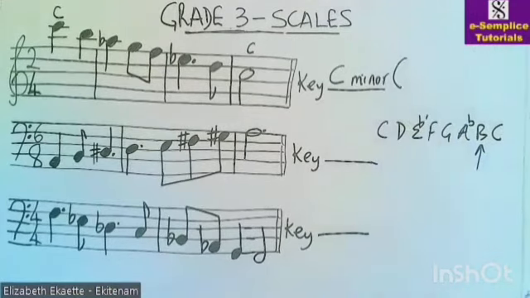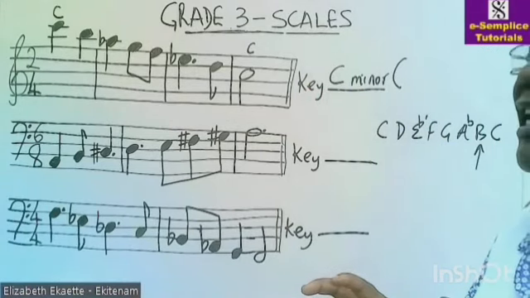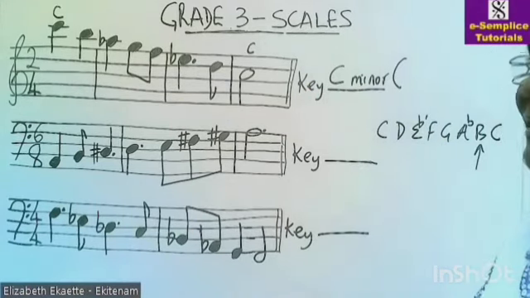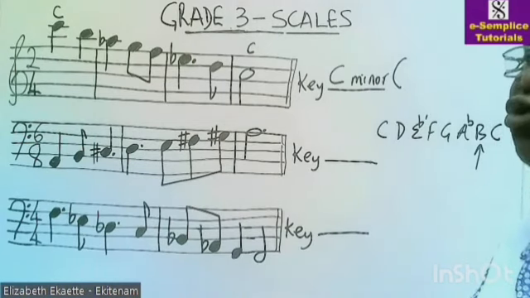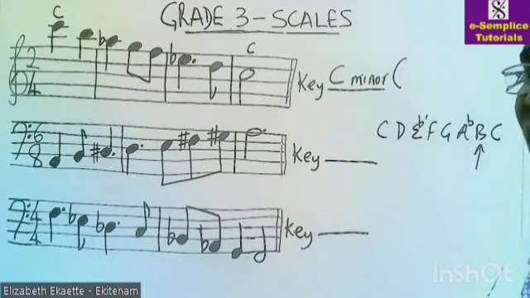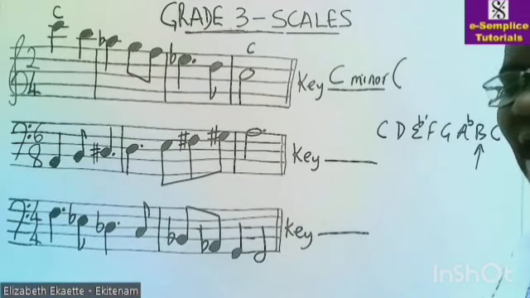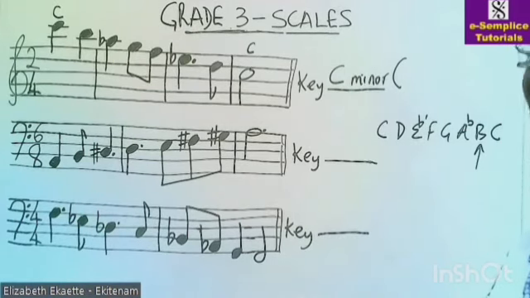But what form of minor is this scale? Remember, your harmonic scale should have a raised 7th note, and your melodic scale should have a raised 6th and 7th notes in the ascending scale, and then they are lowered in the descending scale.